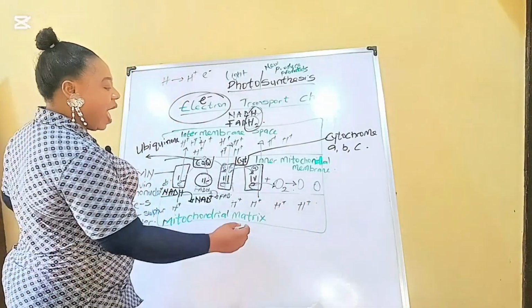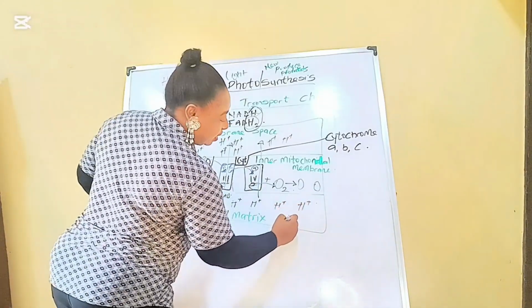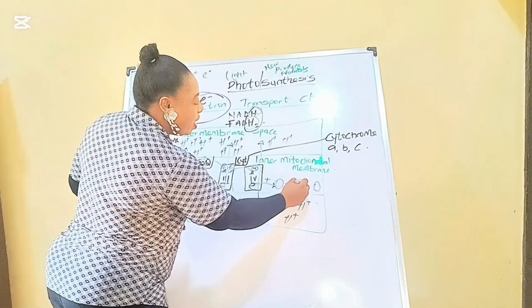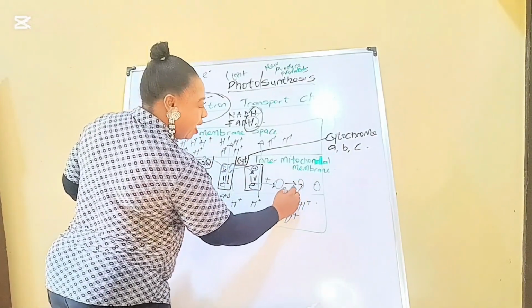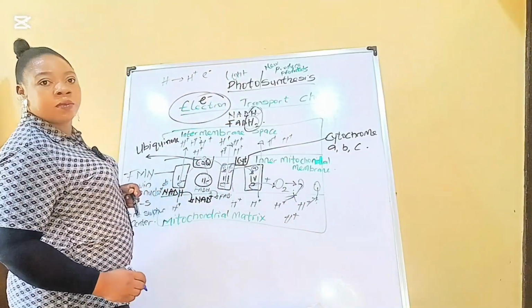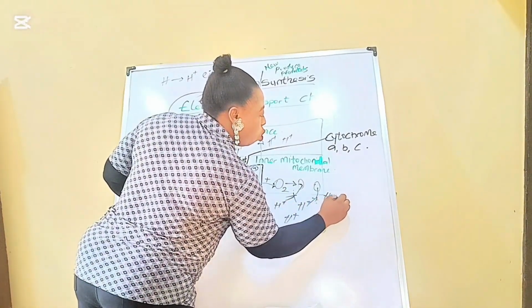Remember that we have protons here, this hydrogen plus here. This oxygen ion will combine with the proton here, which will give us H2O.